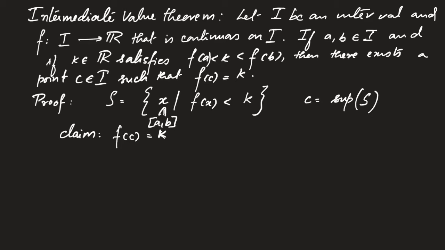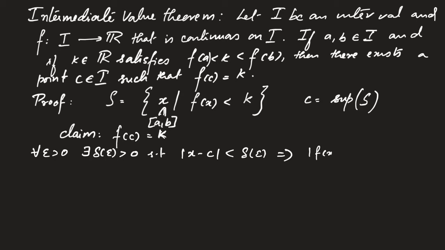Now let us try to prove this rigorously. Because f is continuous at c, for every epsilon greater than 0, there exists a delta, depending on epsilon, also greater than 0, such that mod of x minus c less than delta implies mod of f of x minus f of c is less than epsilon.